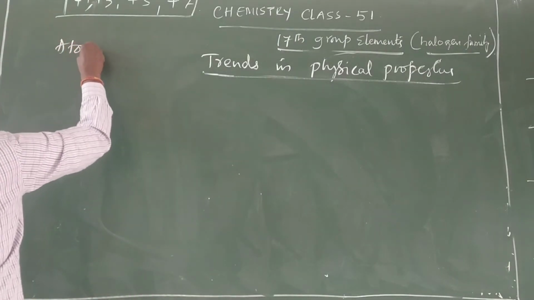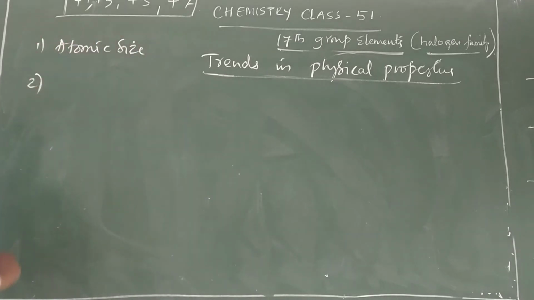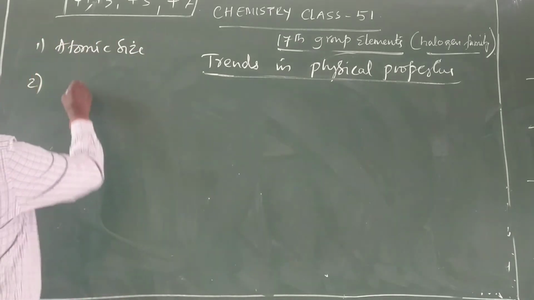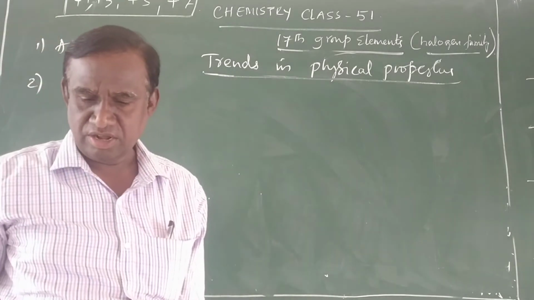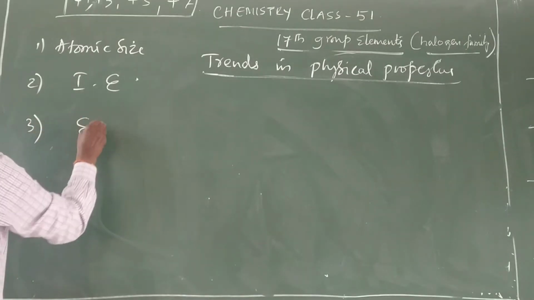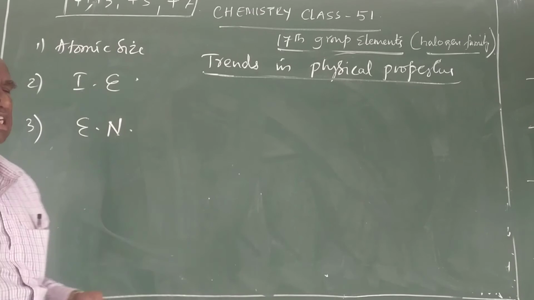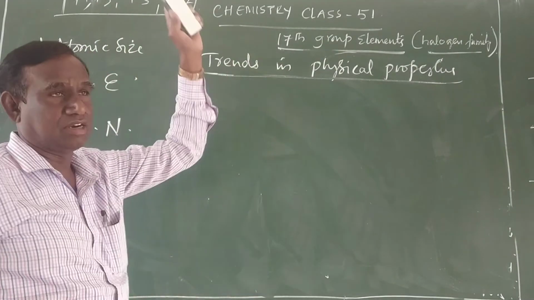One is atomic size. Then ionization enthalpy, which is also called ionization potential. And then electronegativity. These are the important aspects to be discussed with respect to trends in physical properties.